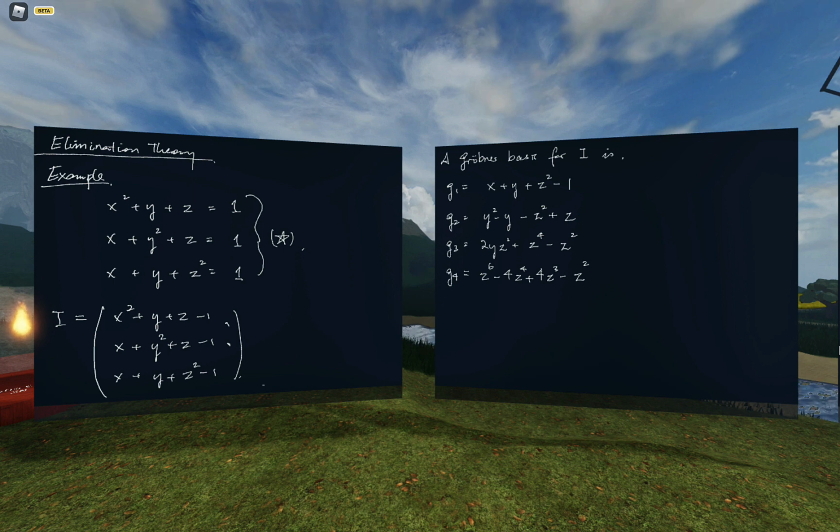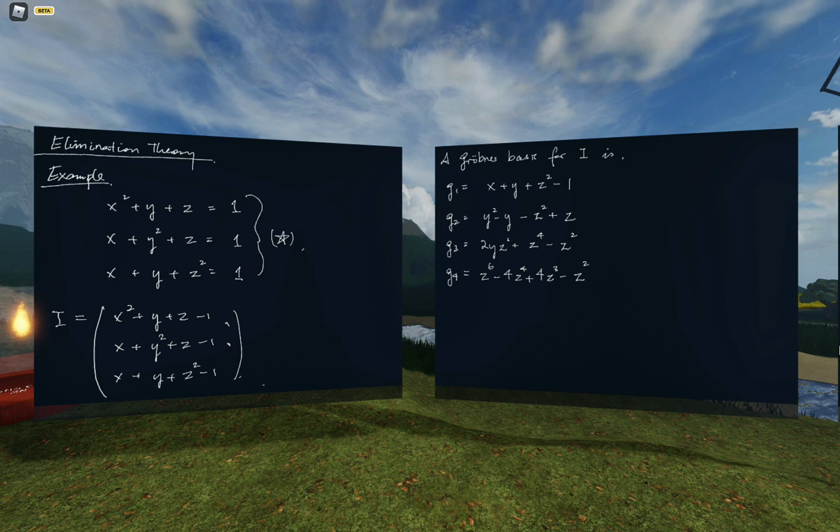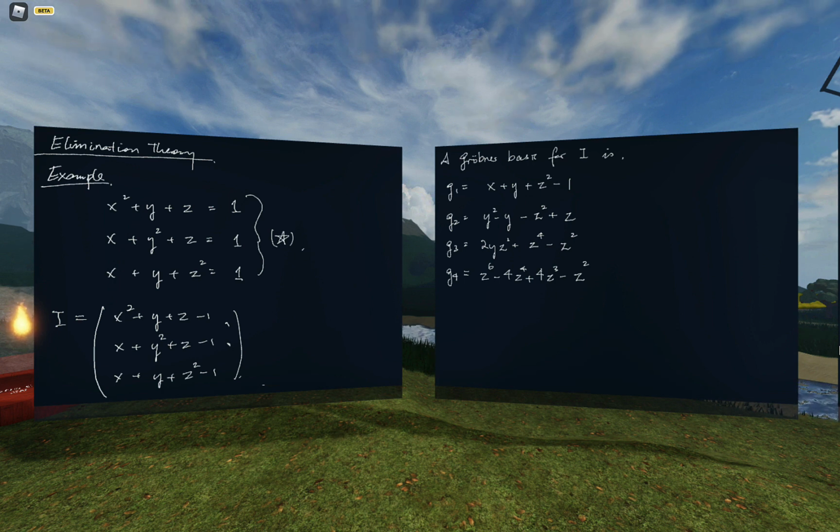So I'm just going to pause here and stare at this and make a few observations. The first one, G1, is just one of the original generators. So that's got variables x, y, and z in it. This G2 and G3, they only involve variables y and z.